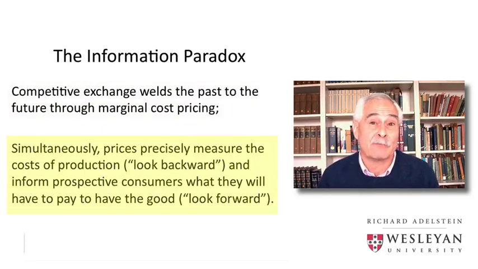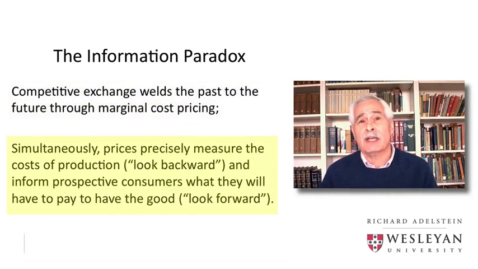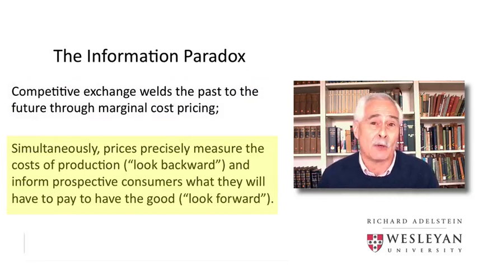So, competitive prices, we said, simultaneously look backward by measuring precisely the costs of producing the good which is being proposed for exchange, and those competitive prices at the same time look forward by informing prospective consumers exactly what they will have to pay in order to have the good.